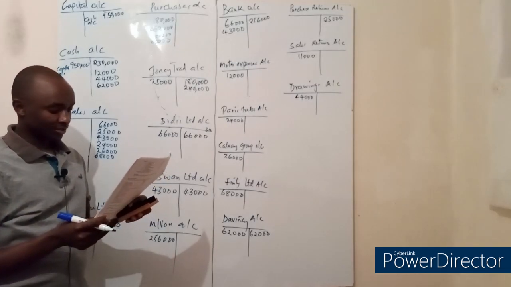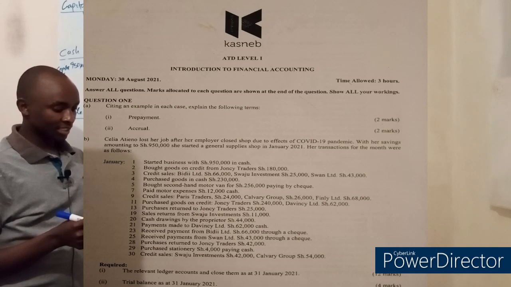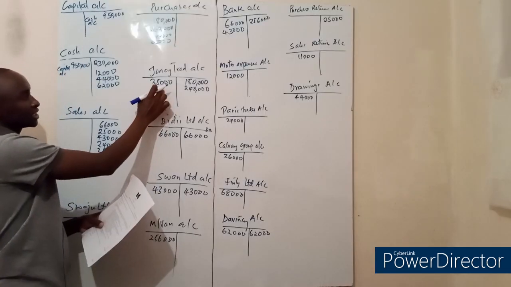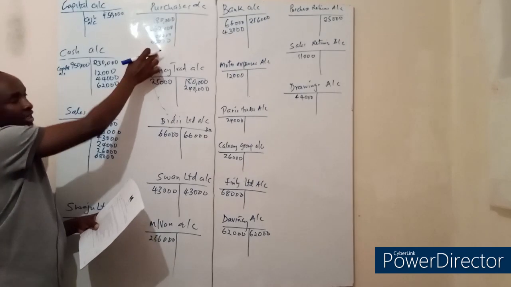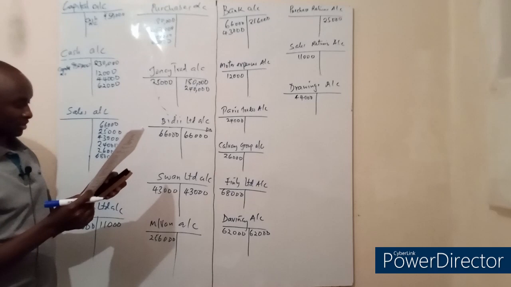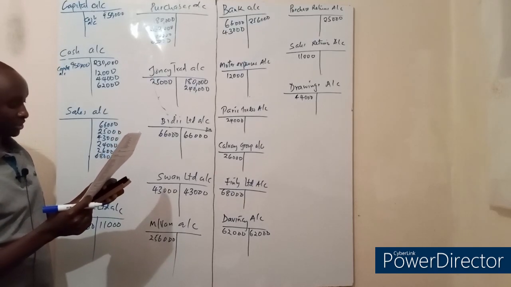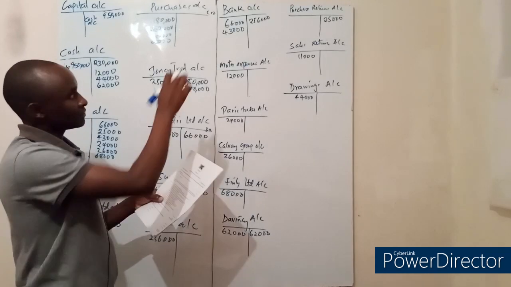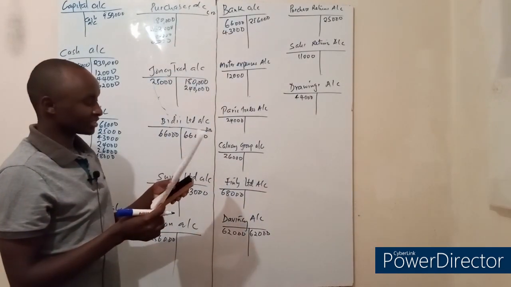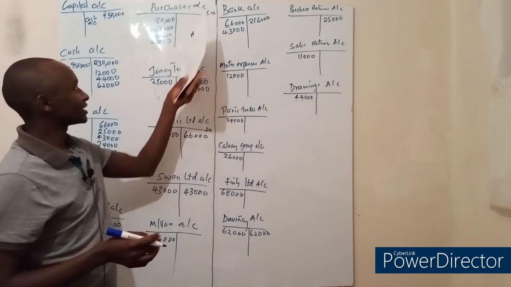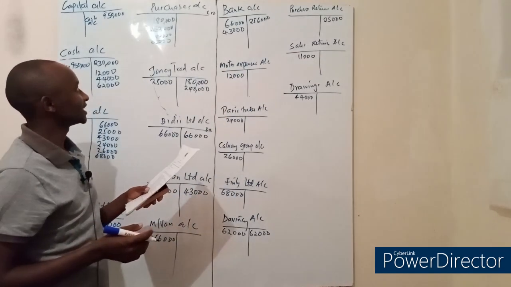So January 25th, purchases returned to Jonesy Traders. Where is Jonesy? Here. Celia Atieno has purchased goods from Jonesy, and now Celia Atieno is returning to Jonesy goods worth 42,000 Kenya shillings. So returned purchases are known as purchase returns, and you are going to indicate the same in the purchase returns account and on the purchase account, right?